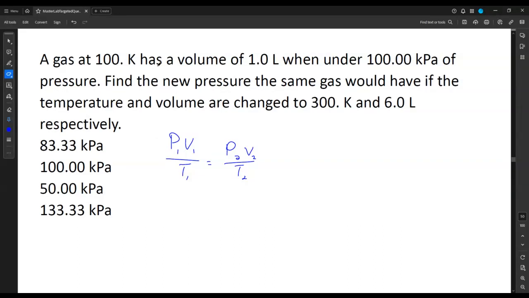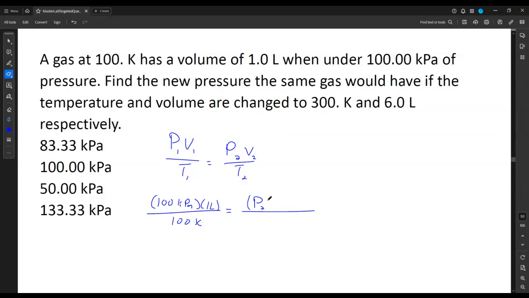So initial conditions, looks like everything's all pretty much a bunch of ones and zeros, but we've got 100 kilopascals of pressure and 1 liter of volume, and apparently that's going to go to 100 Kelvin. Okay, and then later, find the new pressure.